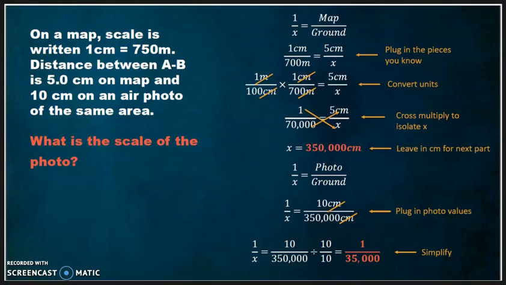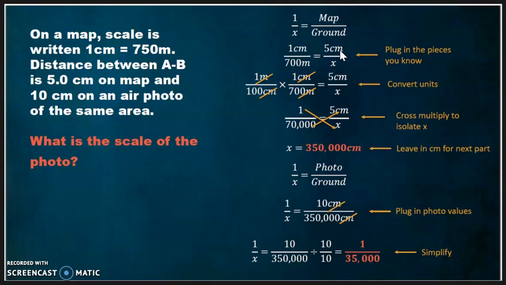So we're going to plug in the pieces that we know here. We have our scale formula. I see here that this has changed to 700, so we'll just pretend that this was 700 meters. Anyways, for the map, the scale is 1 centimeter to 700 meters.